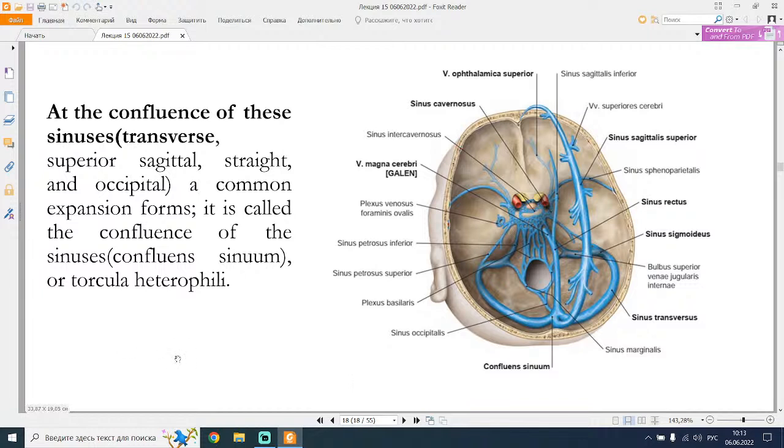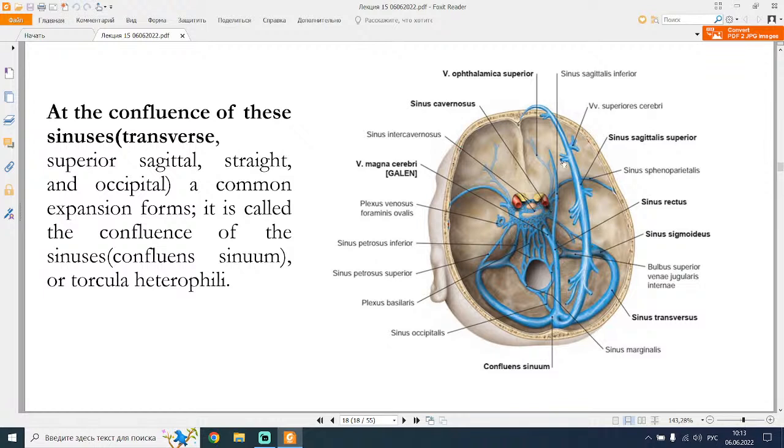Next, at the confluence of the transverse sinus, superior sagittal, straight and occipital sinuses, a common expansion forms.